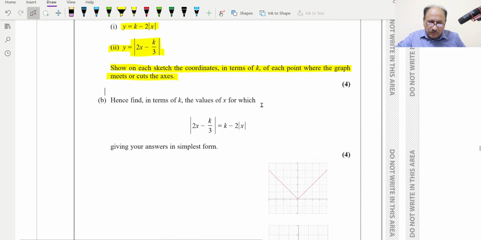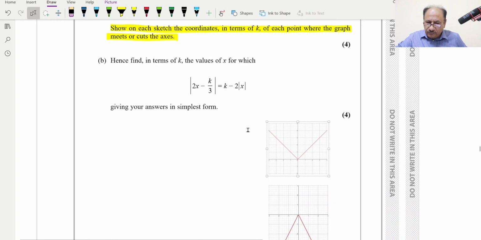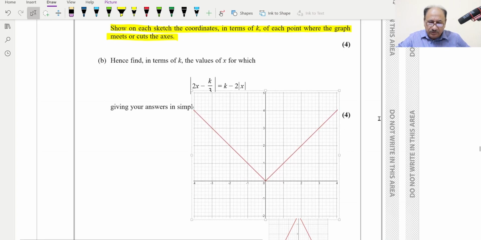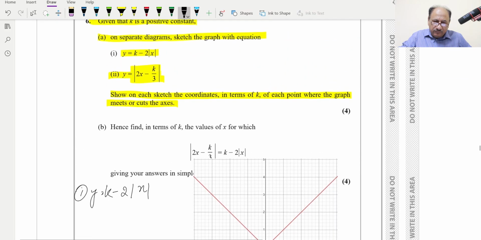For this one, what I have done is I have shown it with the help of graphs which I have drawn on a website. So over here, our complete equation is y equal to k minus 2 times mod x. So this is our given equation.